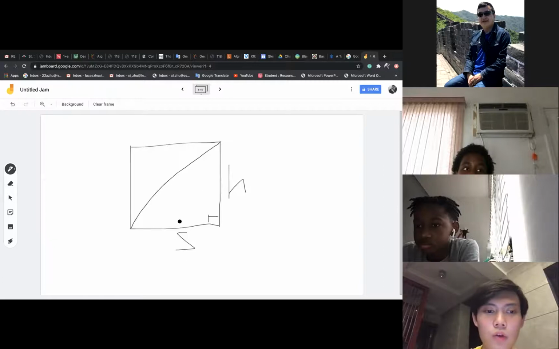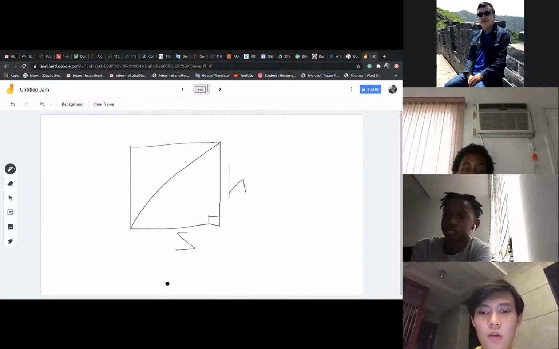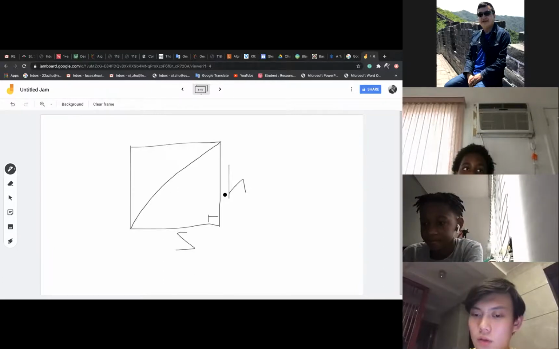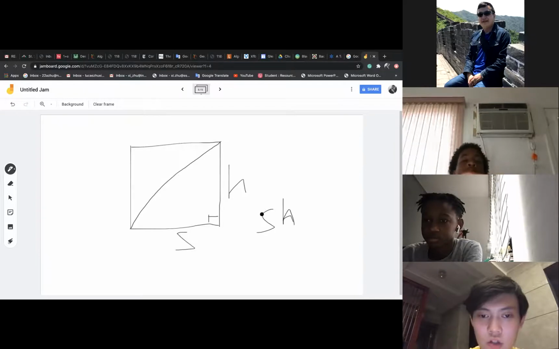So what's the formula for a rectangle and a square? You use the base times the height, so S times W, which gives you the area for the entire square over here.